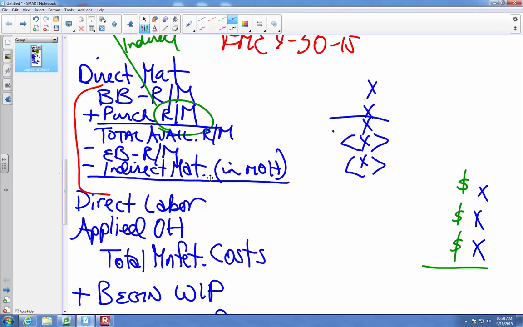I think the debits make the raw materials go up and the credits make it go down. You would also be able to see that, because you saw here that you debited it, and you can read raw materials. Right? Okay?